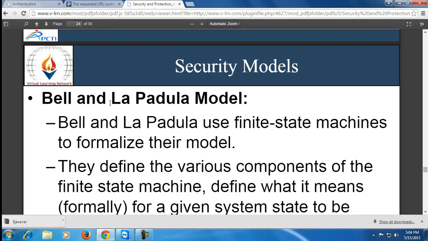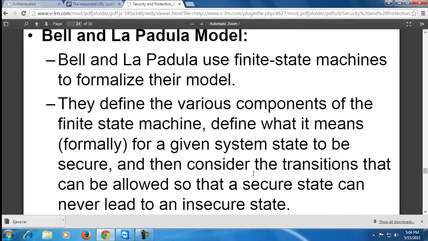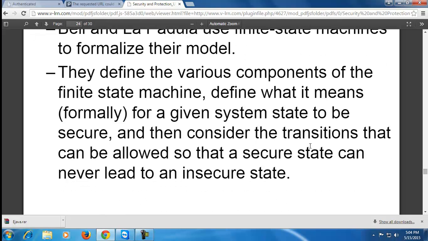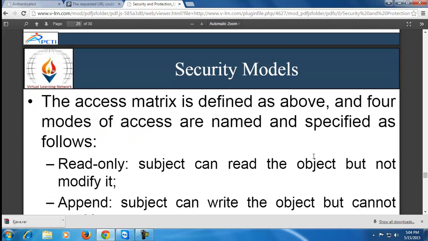Bell and LaPadula use finite state machines to formalize their model, in which they have to define which input is accepted by which state, at what state it will arrive, and which kind of output it will generate. All of that comes inside this model, which represents the security inside the system.